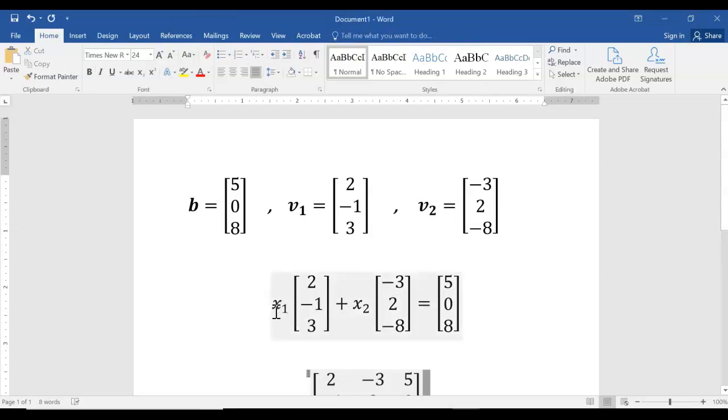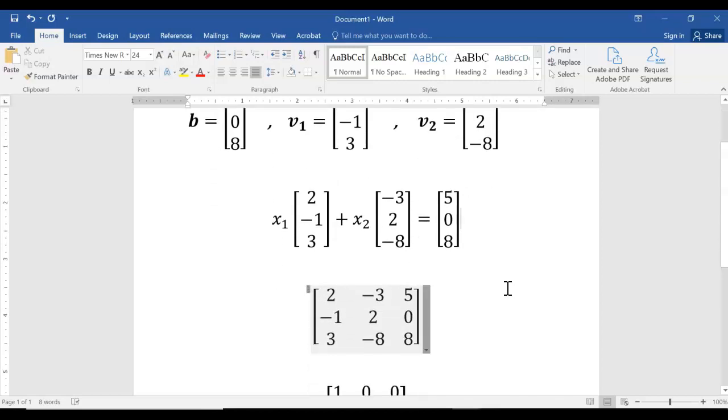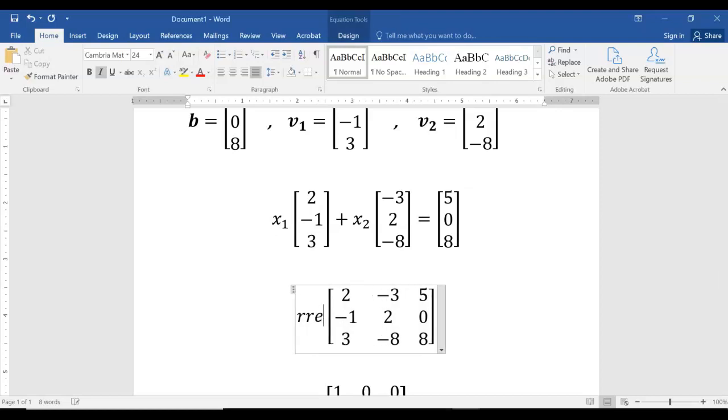Well, that vector equation is going to have the same solutions as some system of linear equations, which is going to be associated with this augmented matrix. Okay, so we write vector 1, vector 2, and then the b: v1, v2, b. Now, with this matrix, we're going to put this matrix into row reduced echelon form.